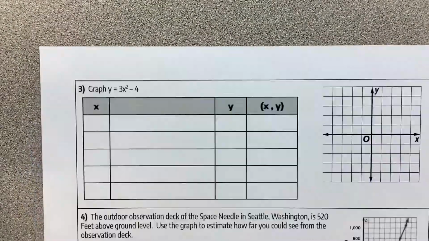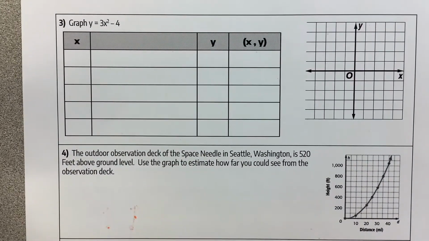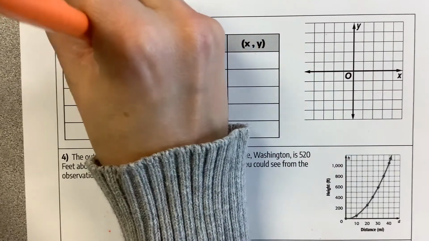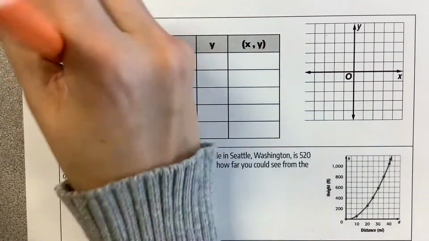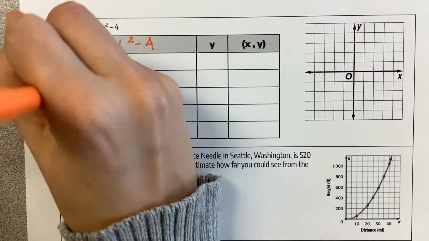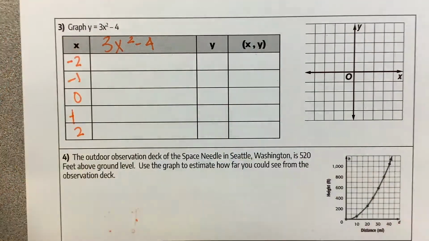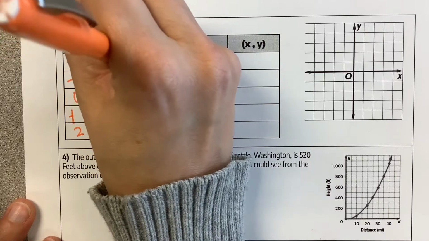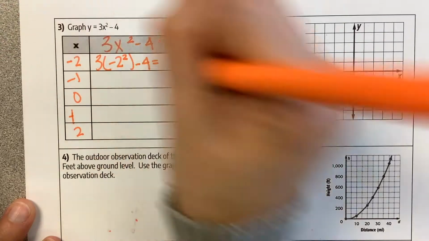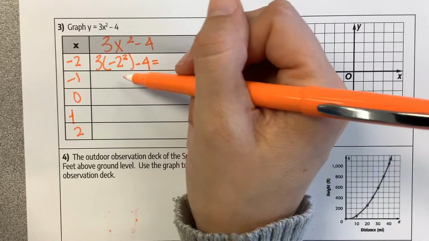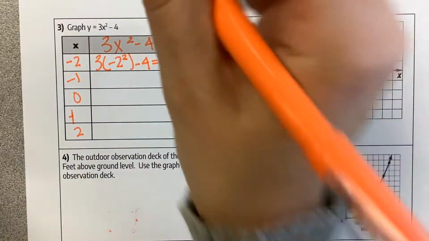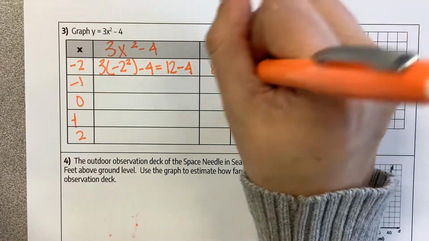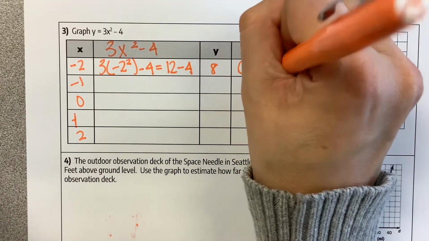Let's do one more and then we'll get into some word problems. y equals 3x squared minus 4. So, again, we are going to plug in -2, -1, 0, 1, and 2. So 3 times -2 squared minus 4. -2 squared is 4. 4 times 3 is 12, minus 4 is 8. So the ordered pair is -2, 8.